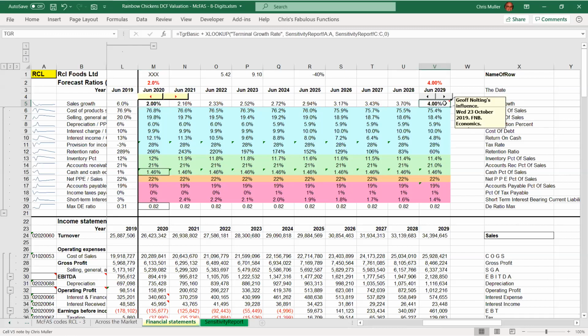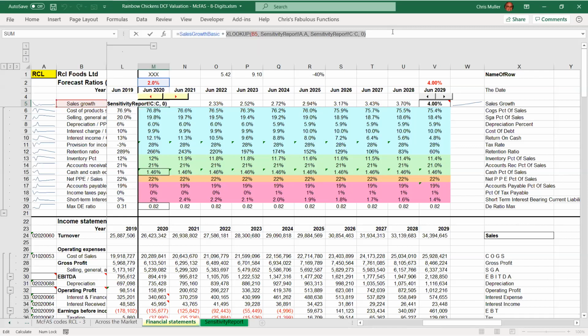And if I apply that over 9 years, that will multiply out and it will get me perfectly from 2 up until 4. So I'm going to show you in another video how to do that, and especially how to add buttons, because I want to be able to click a button left and right, and I want it to change my sales growth basic. This guy here is my terminal growth rate basic. I've kept them separate, and you'll see it happening here. I want to know what happens. I'm going to use the formula bar up here.